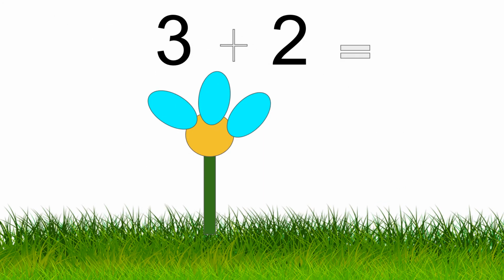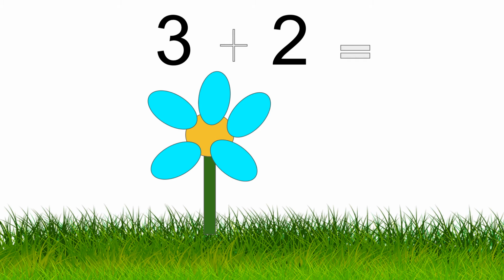Our next problem reads 3 plus 2 equals. We already have 3 blue flowers. How many more do we have to add? 2. Let's add the 2 flowers. 1, 2. Great job!